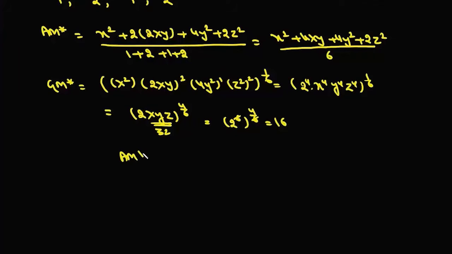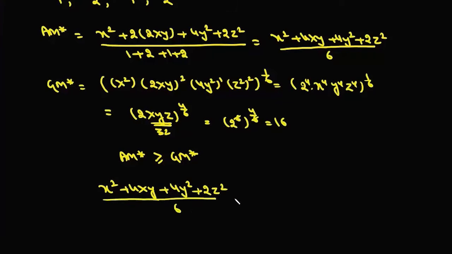We know that weighted AM is always greater than or equal to weighted GM. So from here we can write X square plus 4XY plus 4Y square plus 2Z square divided by 6 is always greater than or equal to 16.